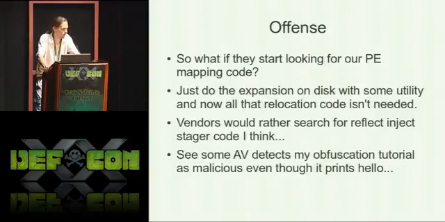So if you customized your PE mapping code or you expanded it on disk and then moved it into memory, it would be a lot more effective, and that, I believe, is what Interpreter does. But another component to that is that the way that you map it changes where you have to look for PE headers in memory in order to actually find the reflectively injected DLLs.